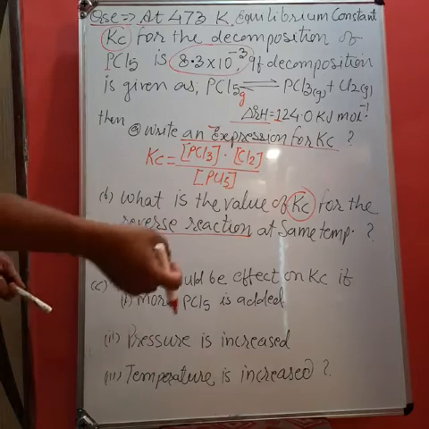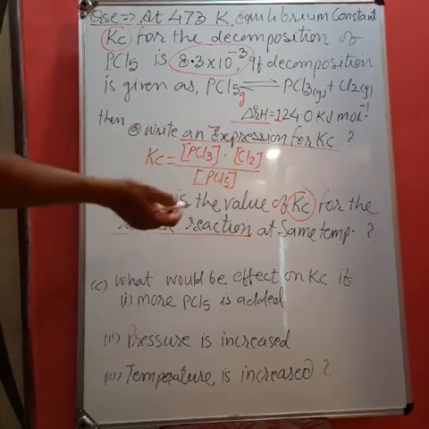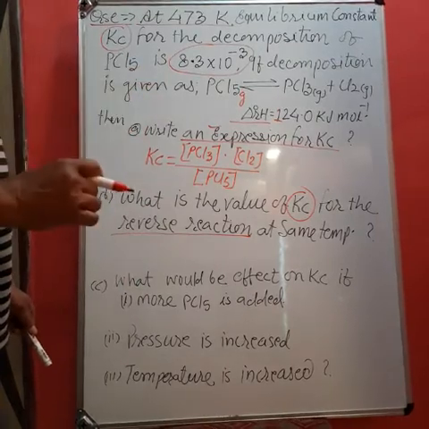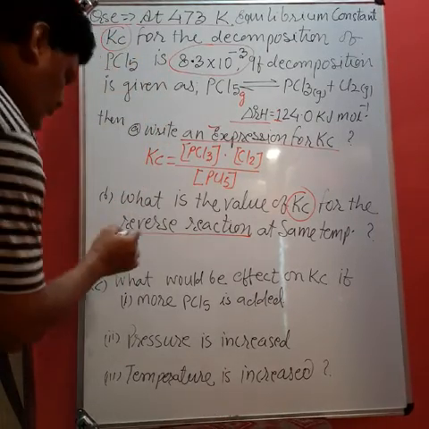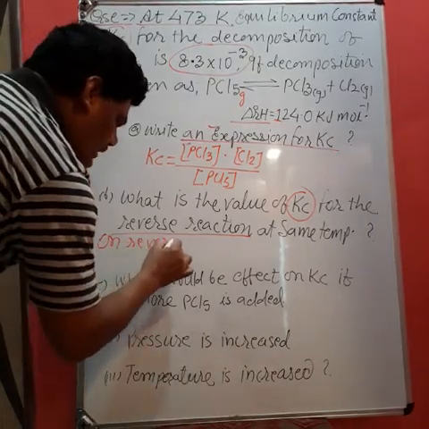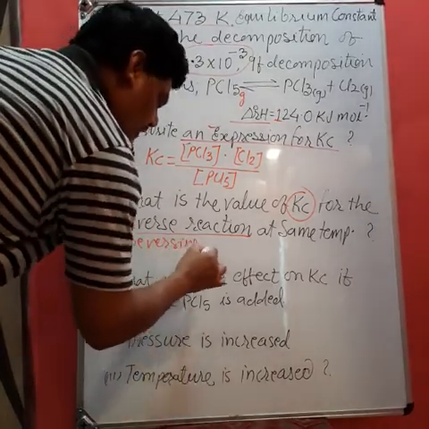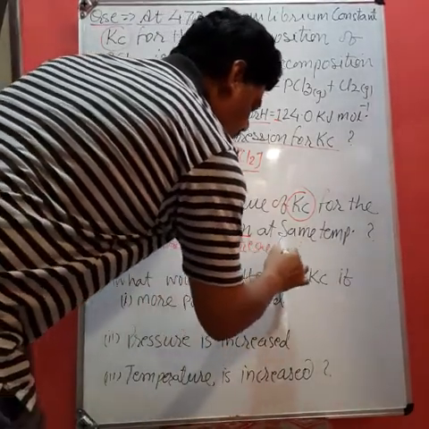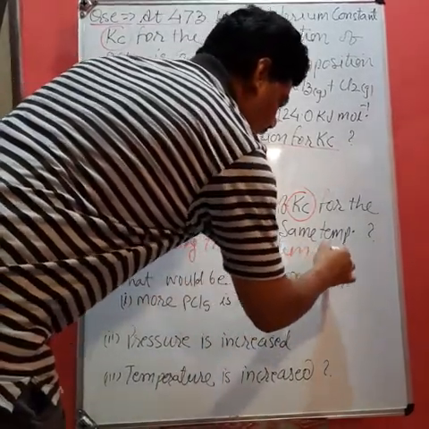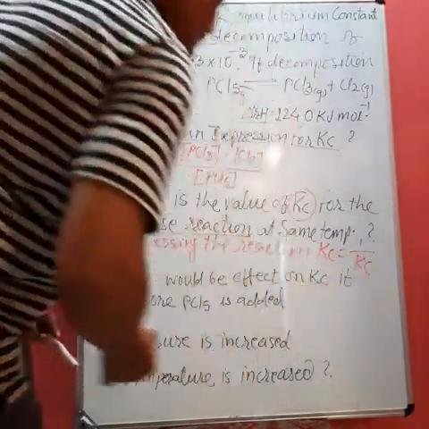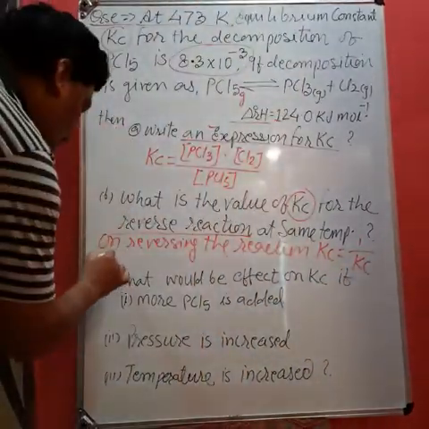That means when the reaction is reversed, the value of Kc becomes its reciprocal. On reversing the reaction, Kc becomes 1 by Kc.